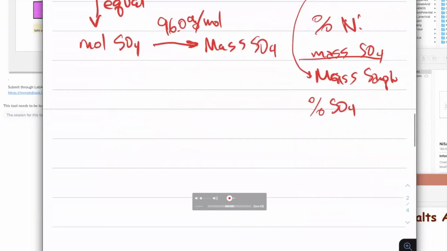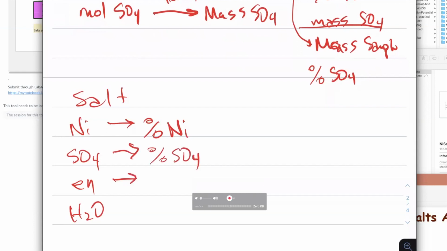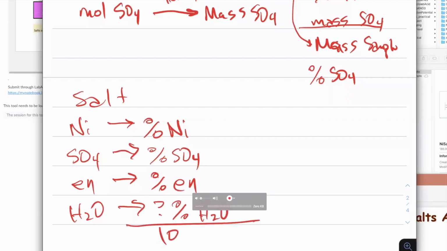So remember that your salt is going to contain nickel, sulfate, ethylenediamine, and water. You never did do an analysis for water, but that's okay because your percent nickel, percent sulfate, percent ethylenediamine, and percent water should add up to 100%.